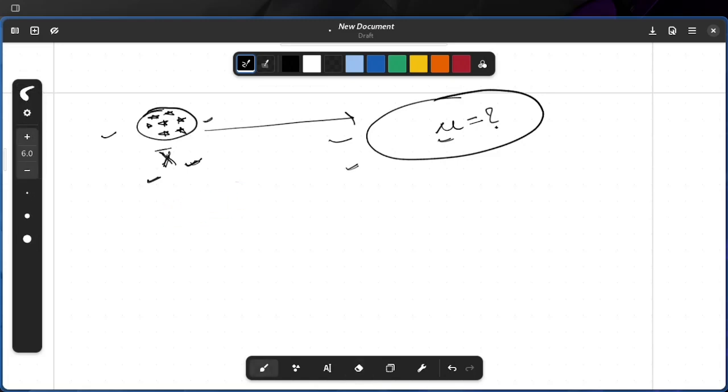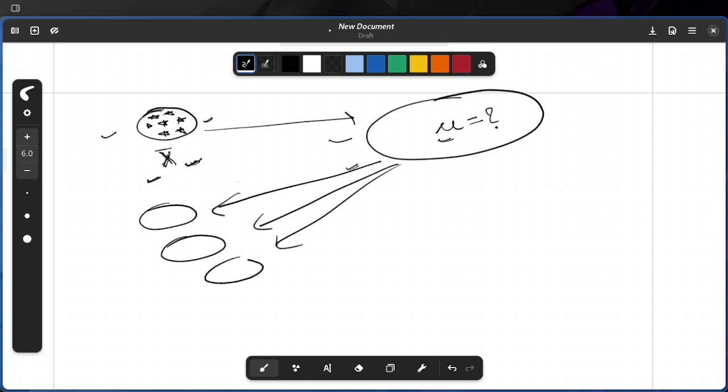Now if you take another sample, and another sample, these all will have certain sample means, and these sample means won't be the same as this one. There will be slight variation from the population mean.